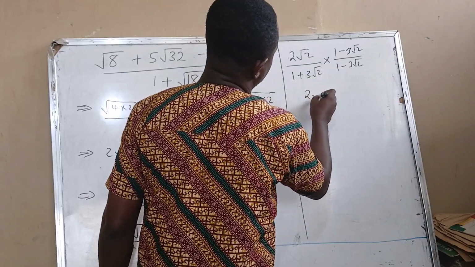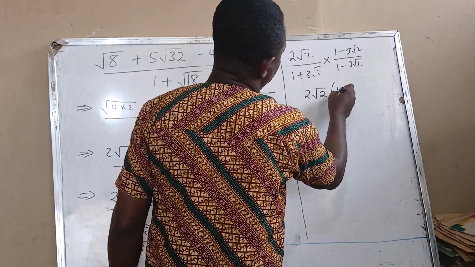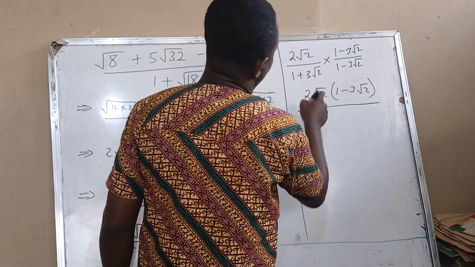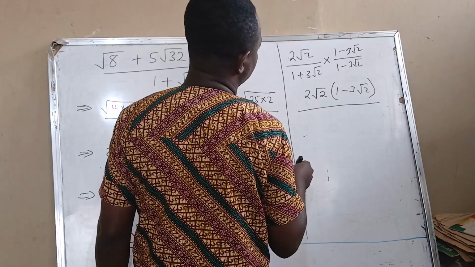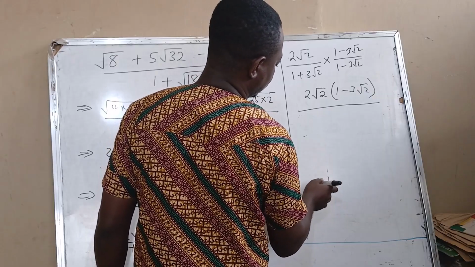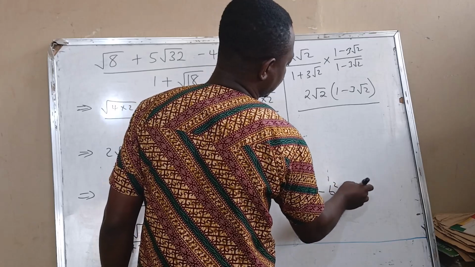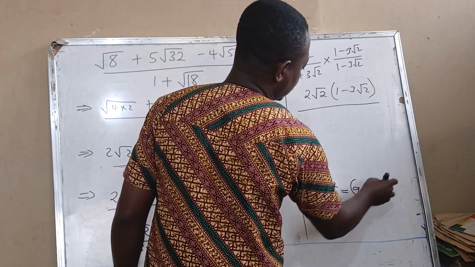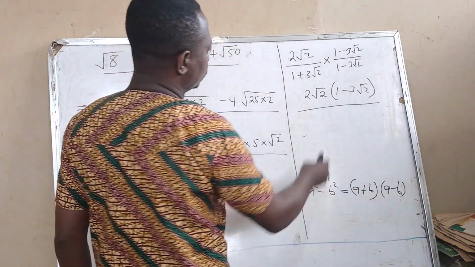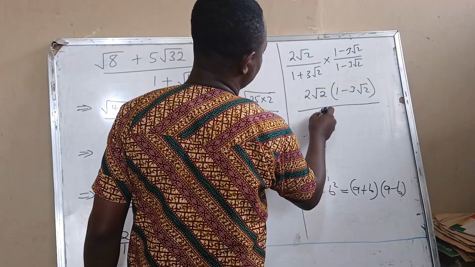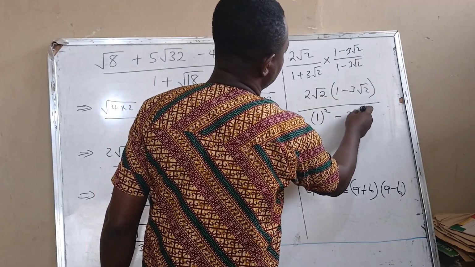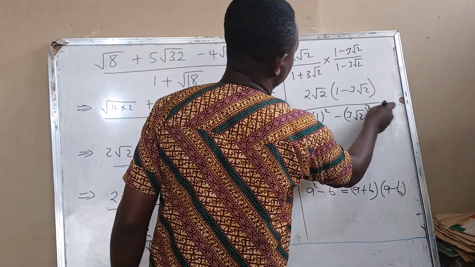Okay, so from here we can multiply the numerator, use brackets, and don't forget this one, difference of two squares. So a squared minus b squared is the same as a plus b, a minus b. So I won't waste time, I'll pick 1 squared minus 3 root 2 all squared.